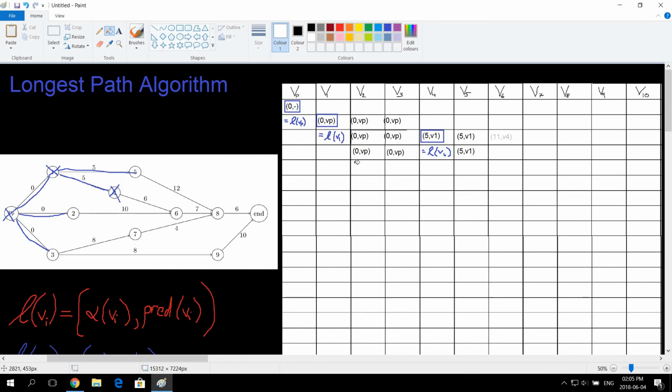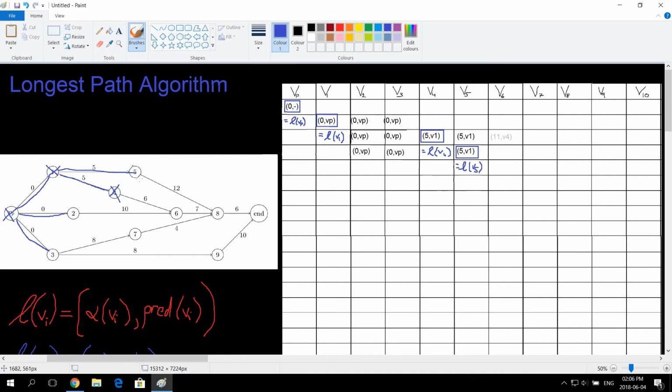Okay, well, let's continue. So these are 3 options. That's the biggest one. And now we've got a permanent label for V5. Okay, so what does V5 create?